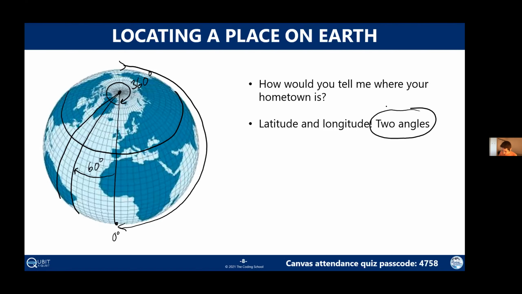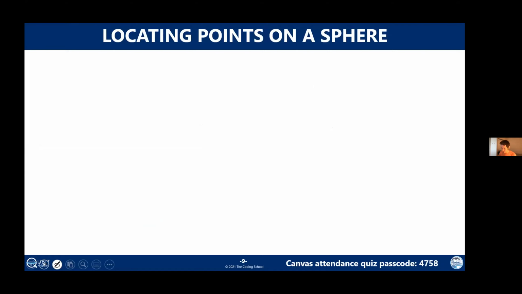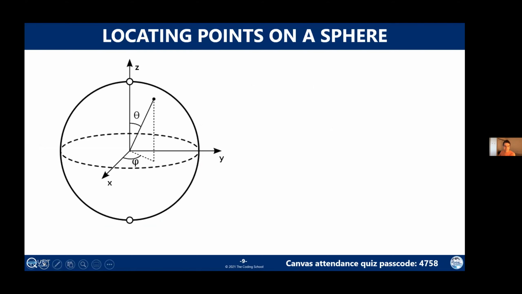Okay, so let's move on to the Bloch sphere. Now, this picture is going to come up about 500 times today, so we should get used to it and describe a little bit how to read it. The Bloch sphere allows us to locate points on a sphere. Everything we're going to talk about today is points on the surface of a sphere.